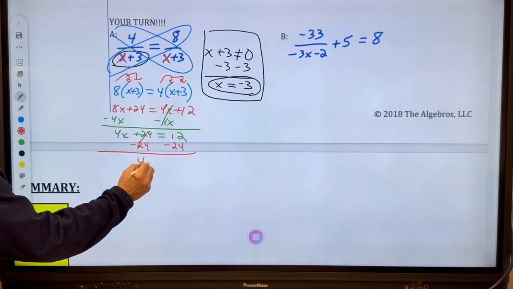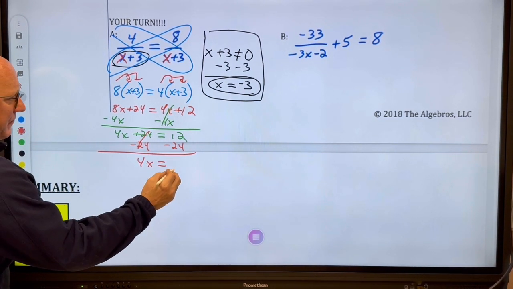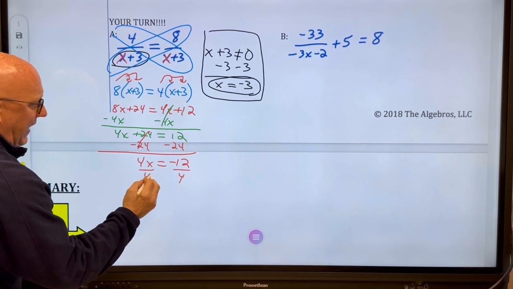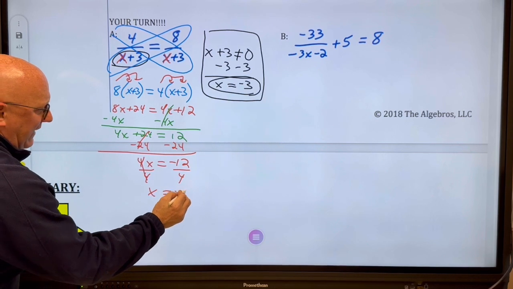And as I get near the end, I find that x is equal to -3.